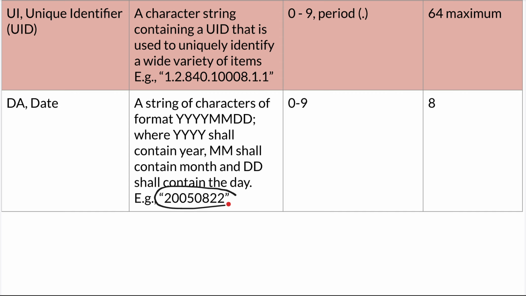What is the maximum? The maximum is 8. If you count, 1, 2, 3, 4, 5, 6, 7, 8. And what characters are supposed to be there? They are all numbers, 0 to 9. You can't put a letter there. You can't write August 22nd, 2020. No, that is wrong.